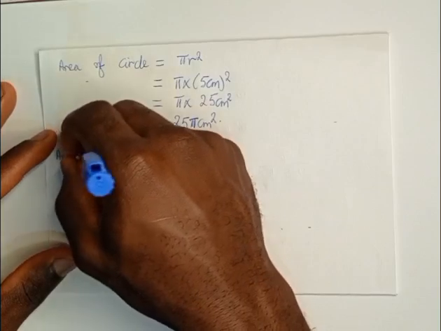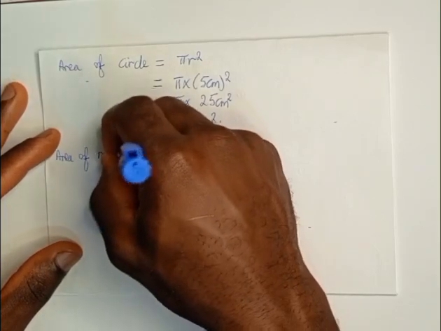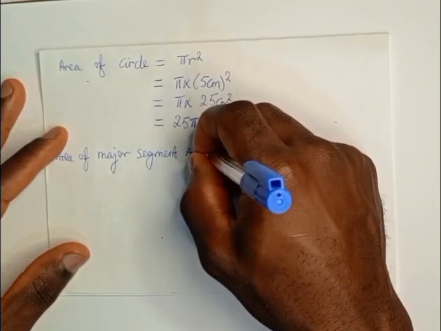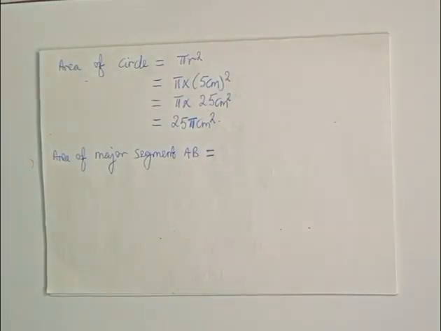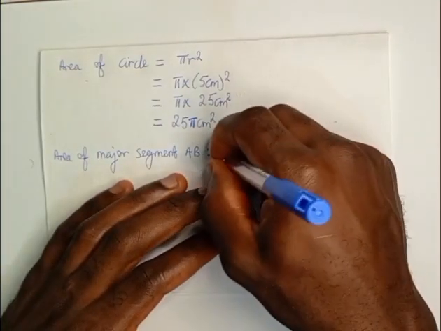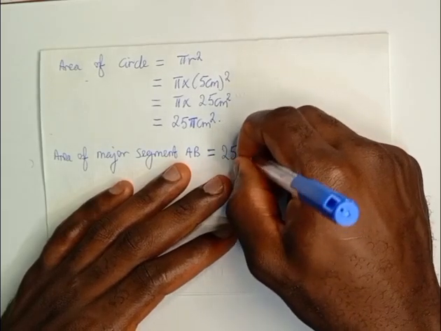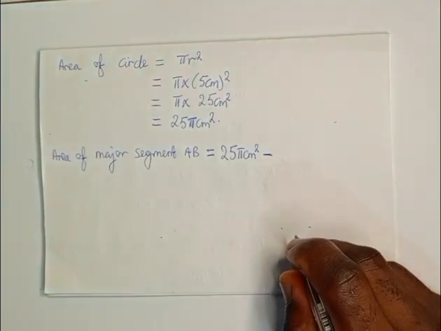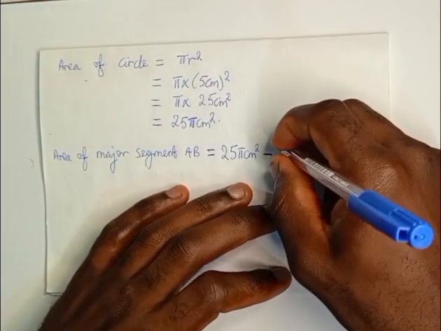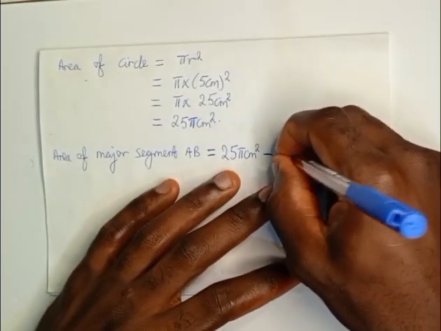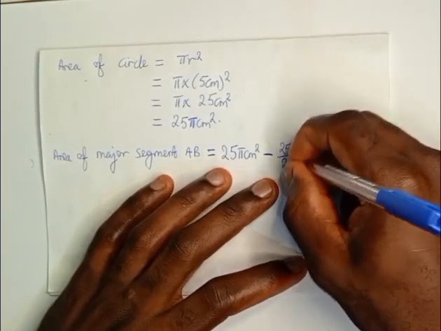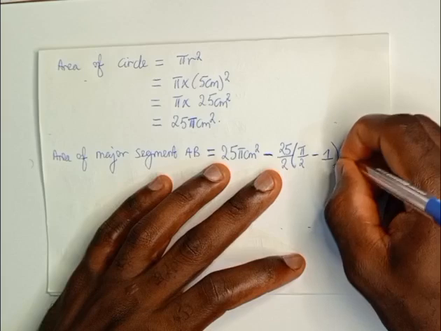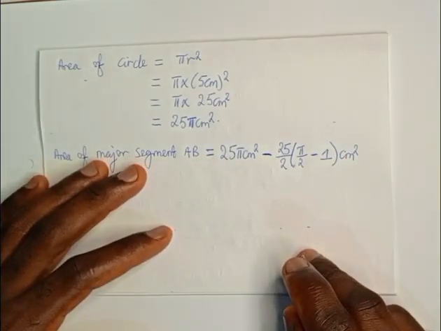Area of the major segment AB will simply be equal to, we are going to take the area of the circle, which is 25 pi centimeters squared, minus the area of the minor segment, which is, we did the factorization, and we have 25 over 2 times pi over 2 minus 1, all this centimeters squared as such.